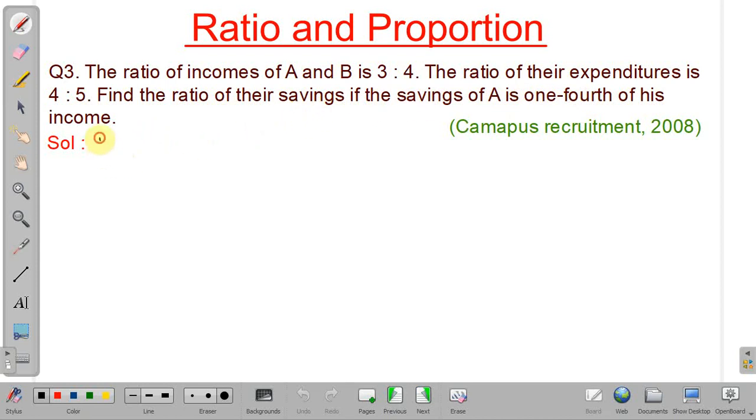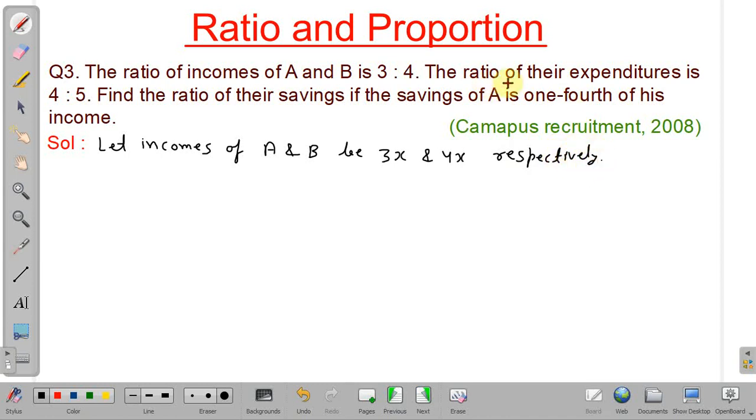Okay, so let the incomes of A and B be in the given ratio, so 3x and 4x respectively. We will also assume expenditure.